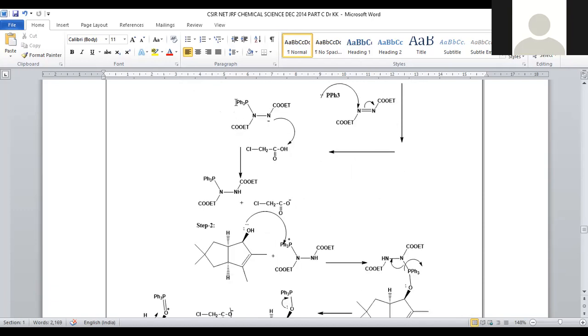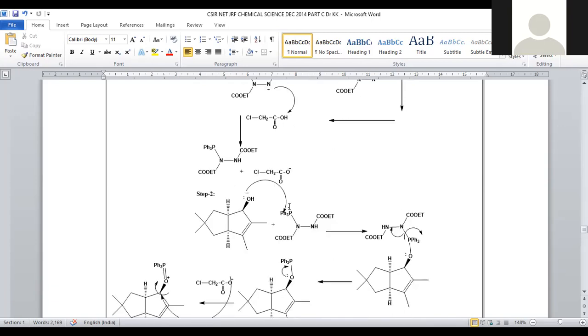So here is the nitrogen phosphorus bond formation, and either nitrogen acquires a negative charge. This negative charge will be used to abstract the hydrogen present on the given nucleophile, alpha chloroacetic acid, so that hydrogen will be eliminated, and this turns into a carboxylate moiety.